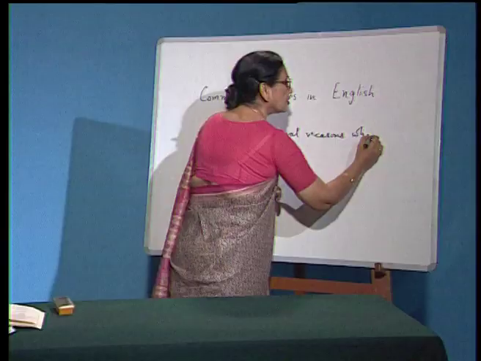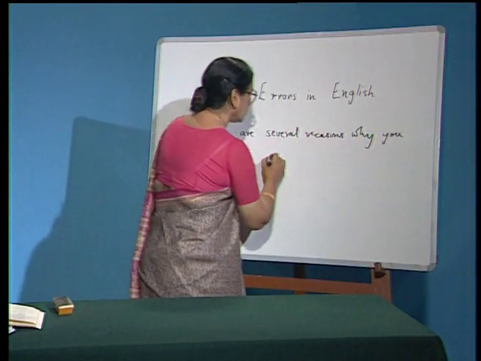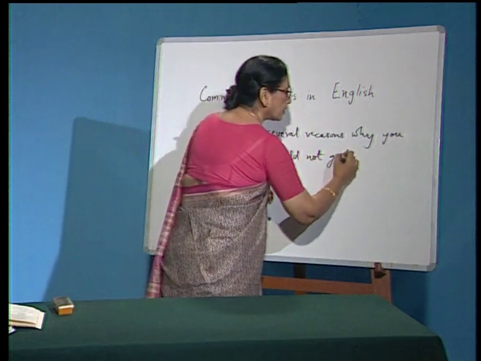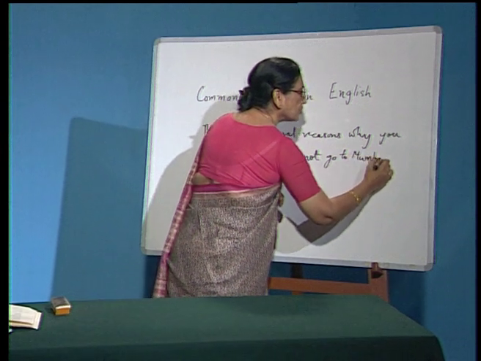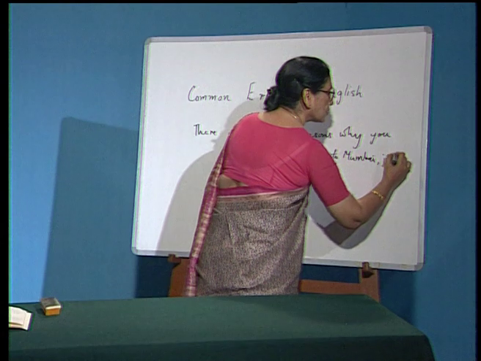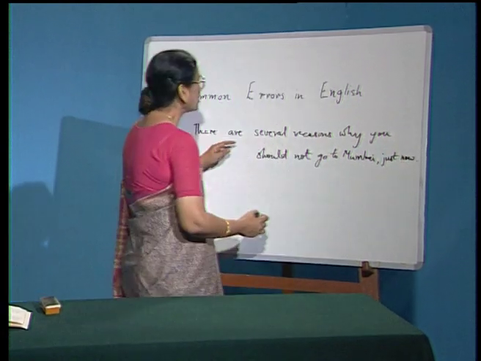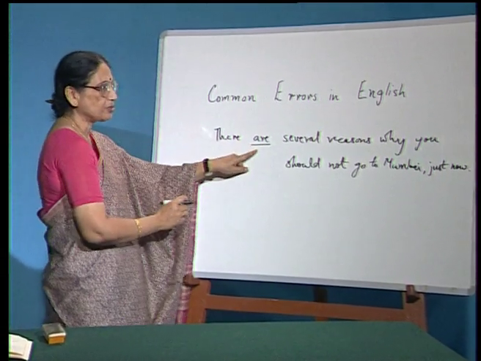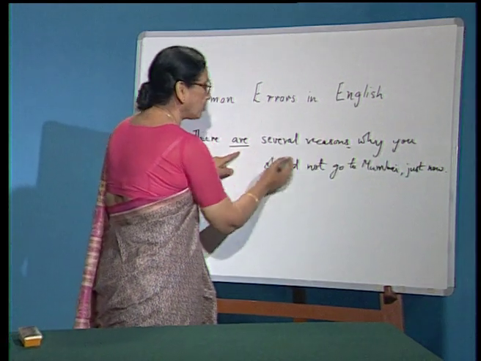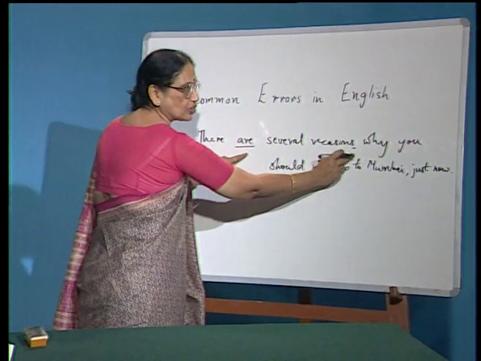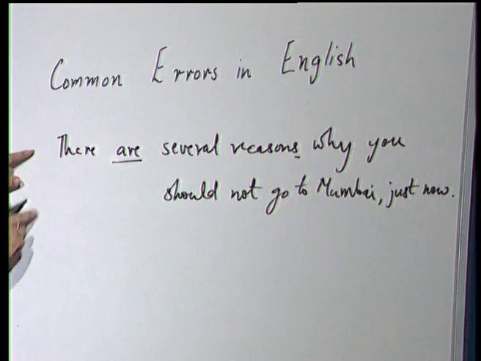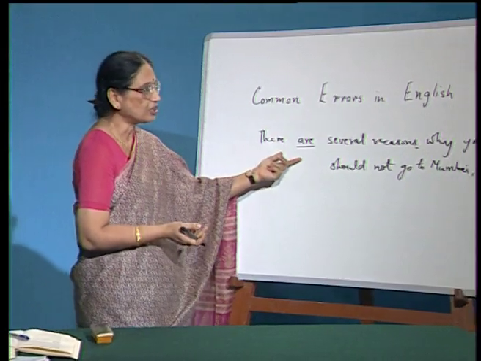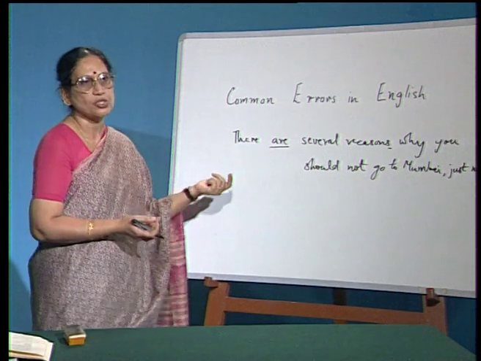Is it right to use are here? You may wonder. Are is used because it matches reasons. Reasons is in plural and are also matches the noun reasons. In sentences of this kind, which are slightly longer, it becomes much more complicated to match the noun with the verb, or concord becomes so much more difficult.